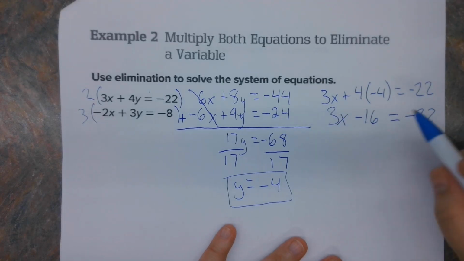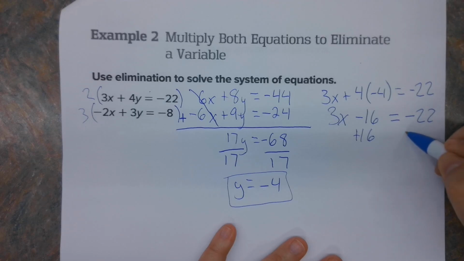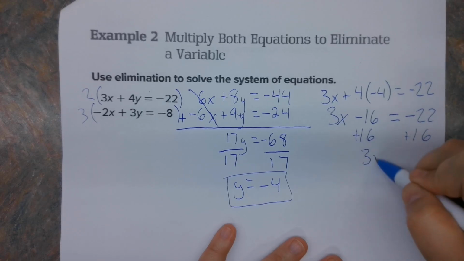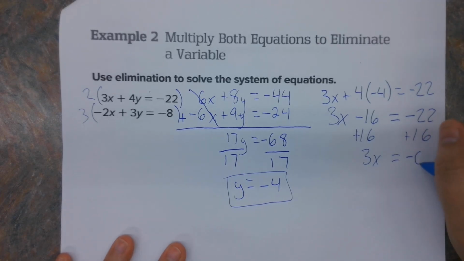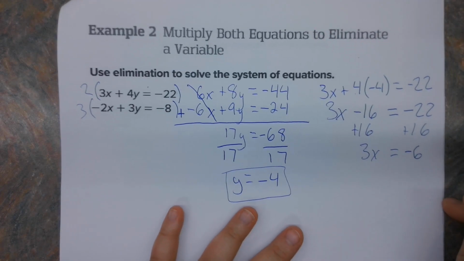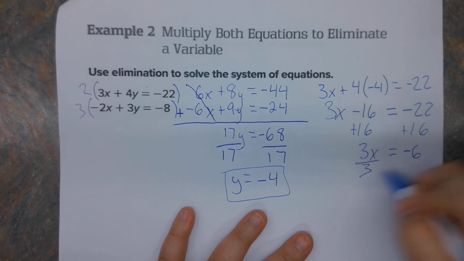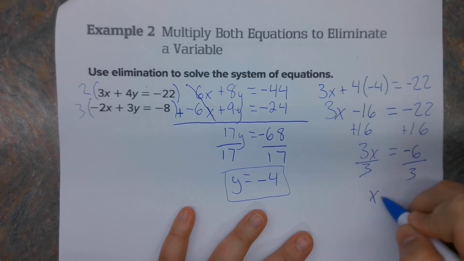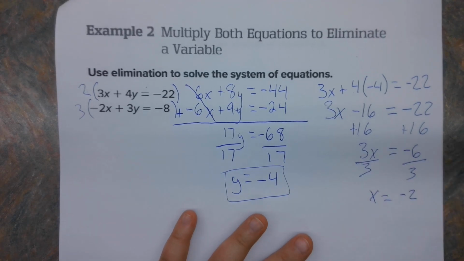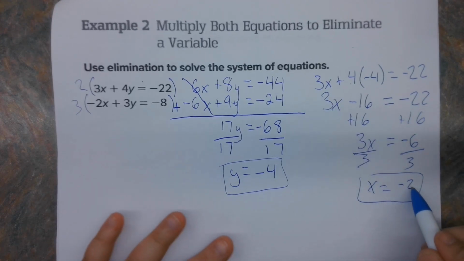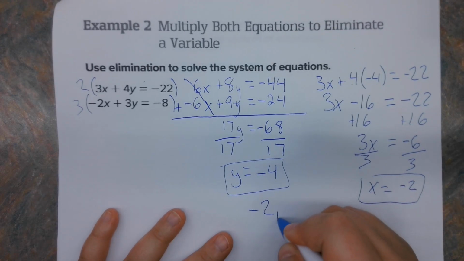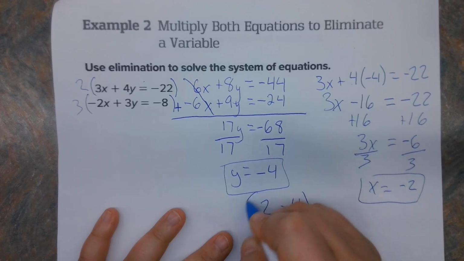I need to move that 16, so I'm going to add 16, add 16. 3x equals negative 6. Sorry. Divide by 3, x equals negative 2. So I have x first, negative 2, comma, negative 4. Negative 2, comma, negative 4.